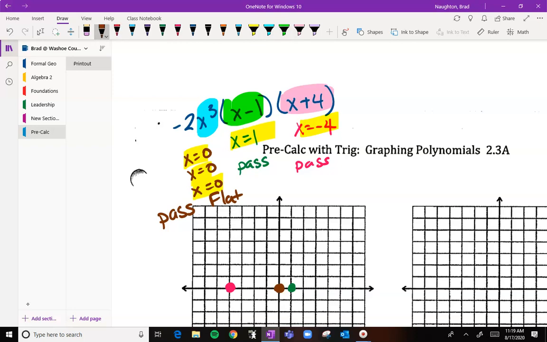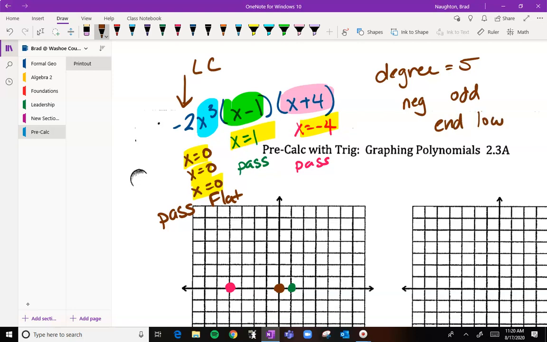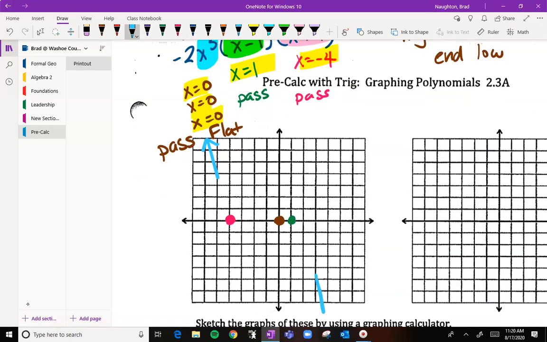So that means my degree is 5. What is my leading coefficient? Negative. So this is odd and negative, which just means it's going to end low. My arrows are going to start high up here, and I'm going to end low down there. Okay?